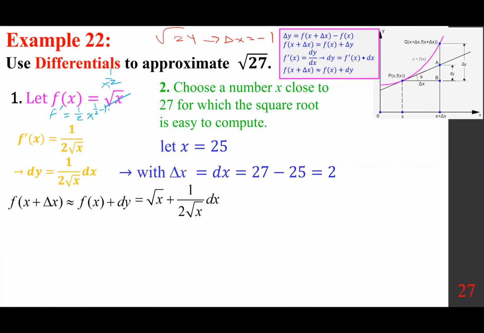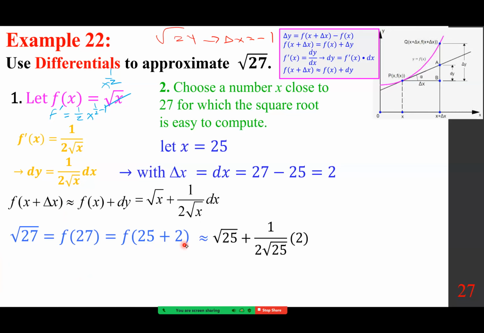Let's plug in. So if we want the square root of 27, we plug in x is 25, delta x or dx is 2. And we know the square root of 25 is 5. And these two cancel each other.